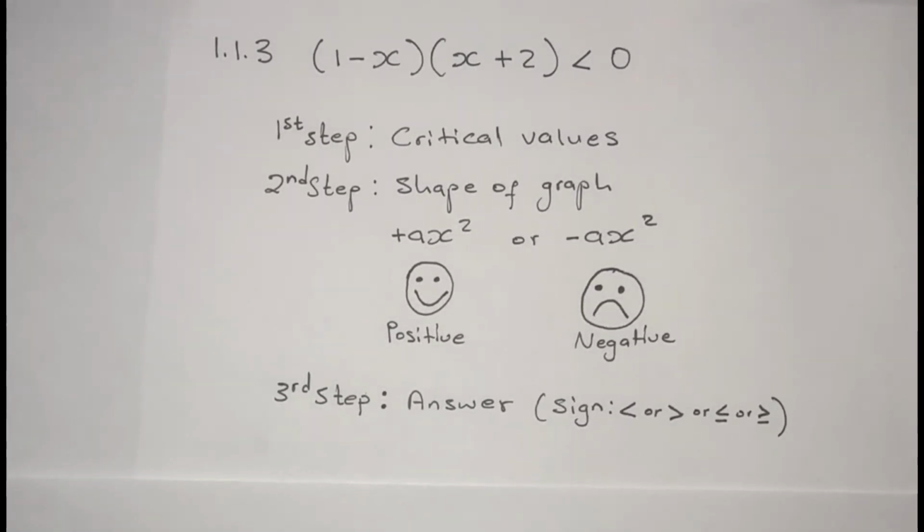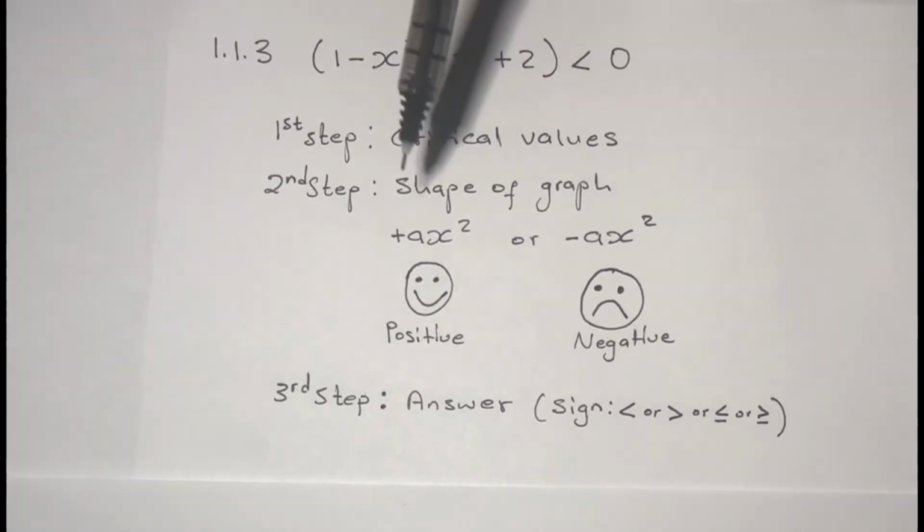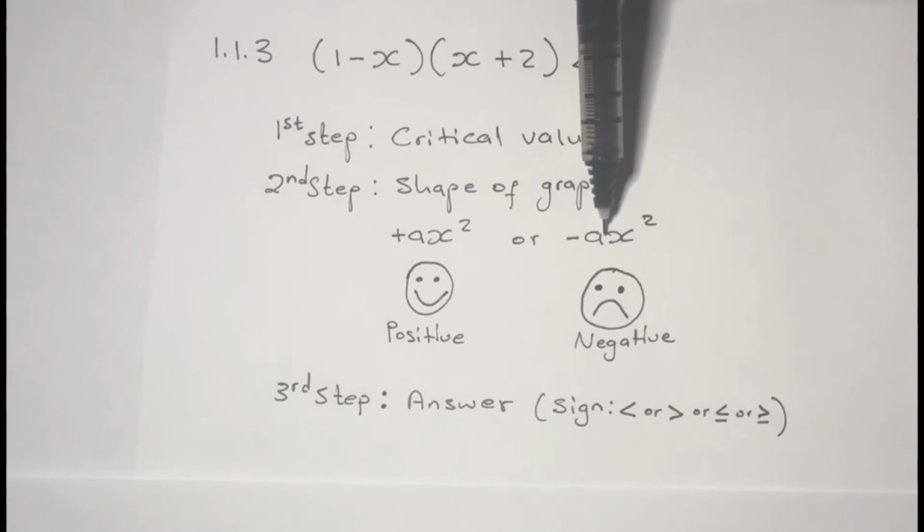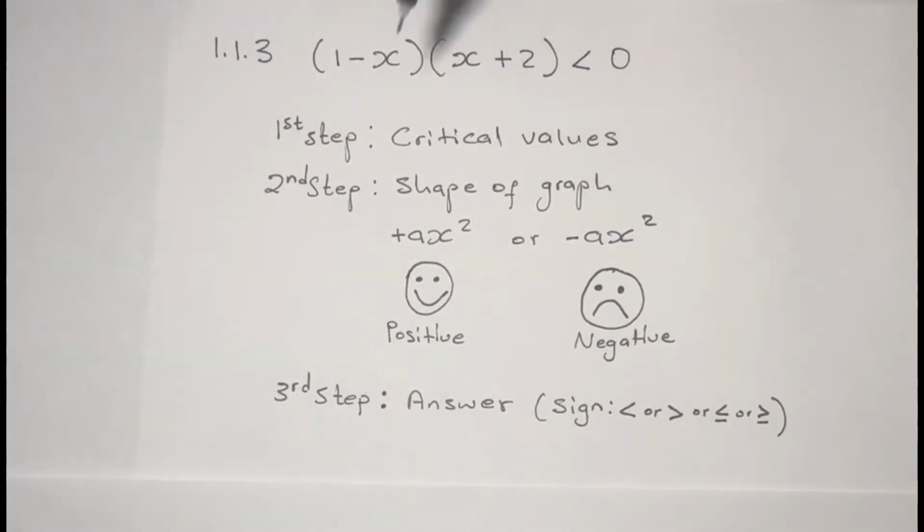So these are the steps to follow in dealing with inequalities. Your first step is to find your critical values. Your second step is to determine the shape of the graph, which could be a positive ax squared or a negative ax squared, and you get that by multiplying the x values.